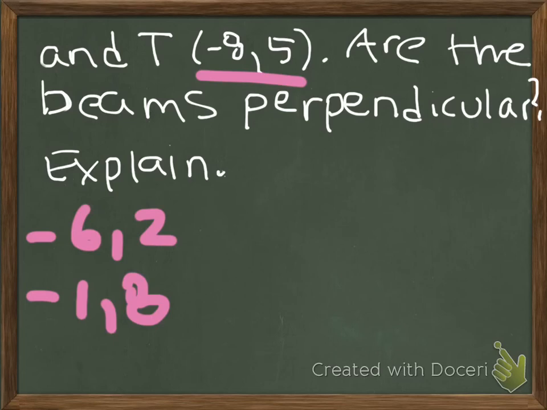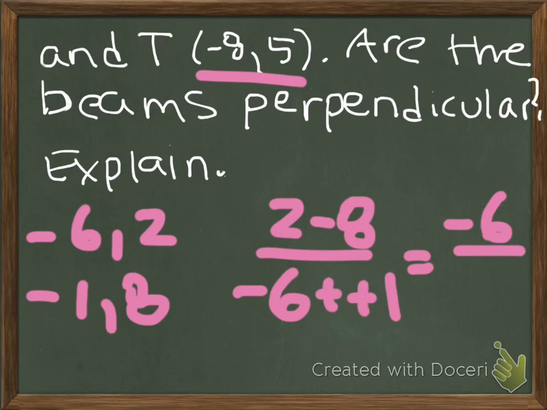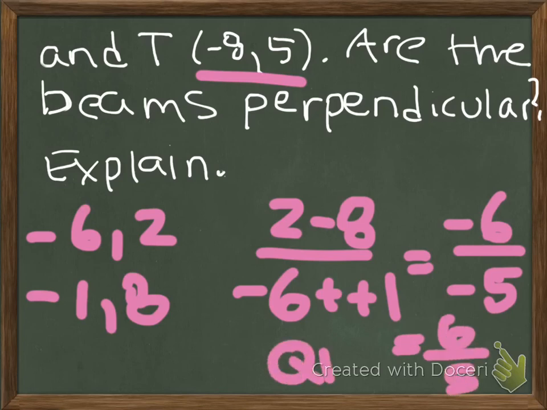To find slope, you have to subtract the y's over the x's. So I get negative 6 over negative 5, which simplifies to 6 over 5. So QR's slope is 6 over 5.